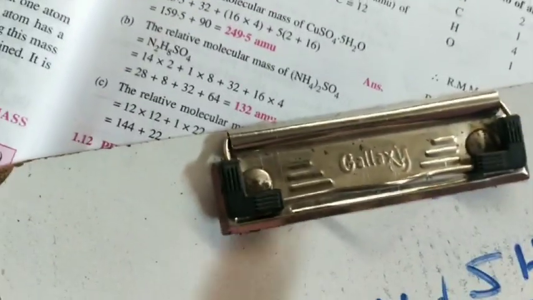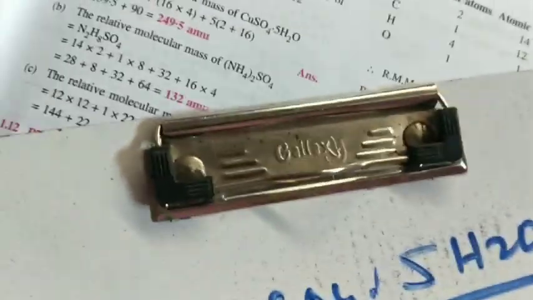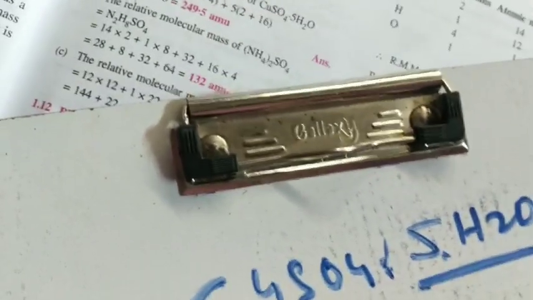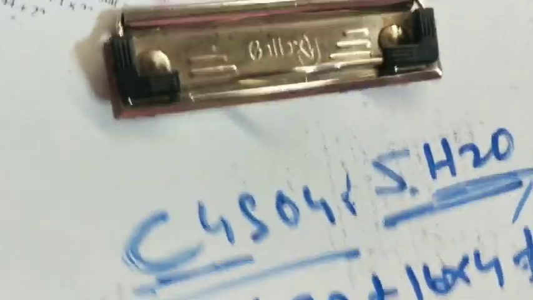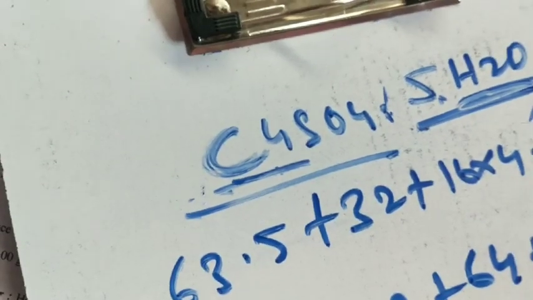Now it is multiplied by 5. In this way we find it, it is very simple. For dot 5H2O, in place of the dot you write plus, 5 right here, and you write the molecular mass of water in parentheses, in brackets, and now you can calculate very easily.